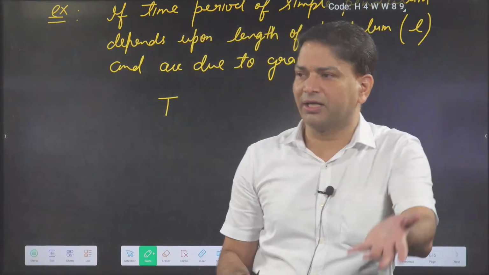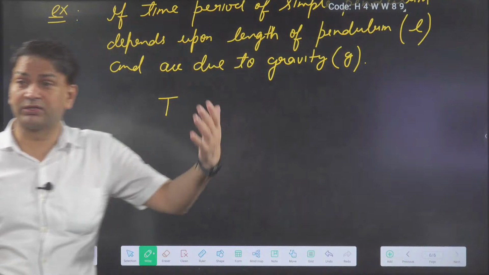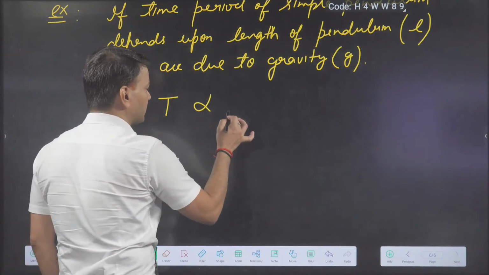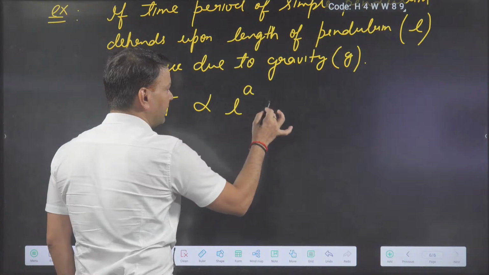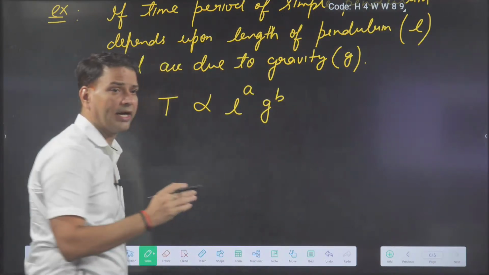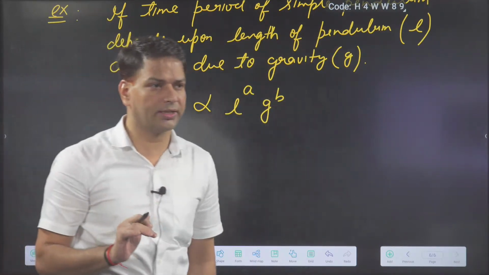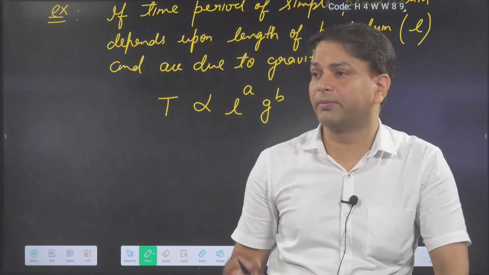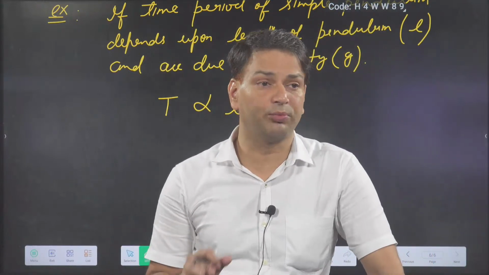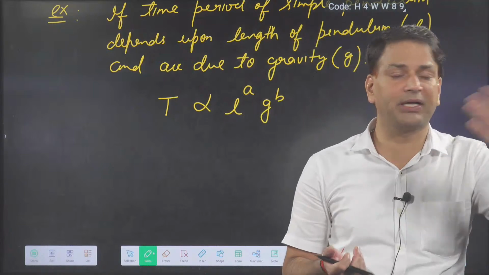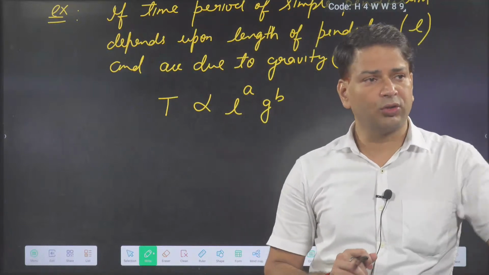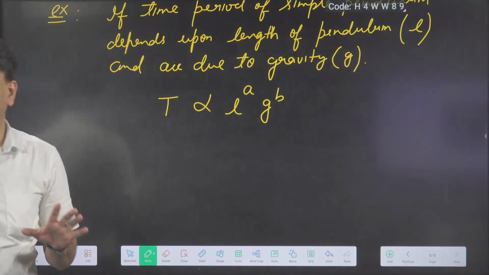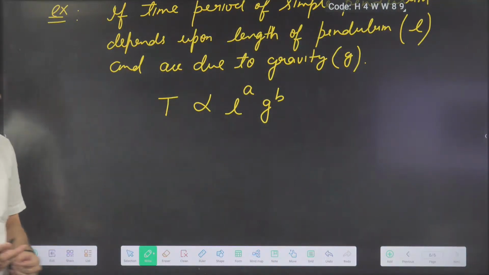Means T is directly proportional to L square or T is inversely proportional to L. So T is directly proportional to, suppose I am writing, L to the power A, G to the power B. I took the two variables A and B. A may be negative also, may be a fraction also, may be positive also, may be an integer also. I don't know how the time period depends on the L. So I took the power of L as A, and the power of G as B. Everybody got?